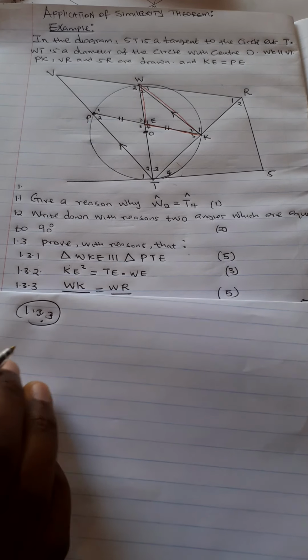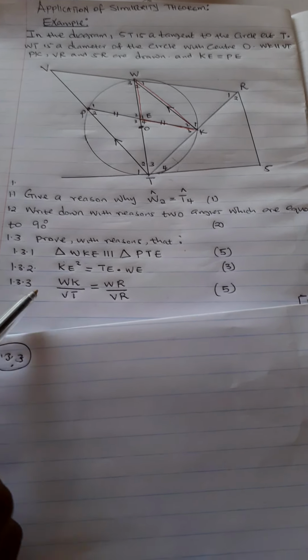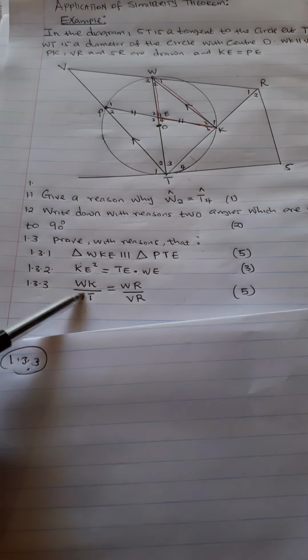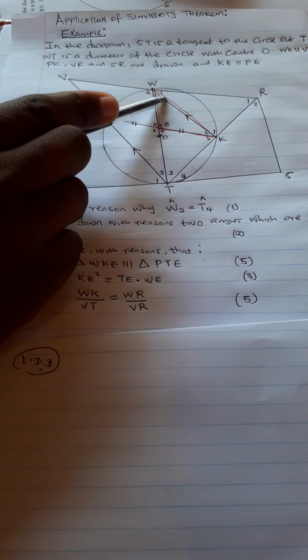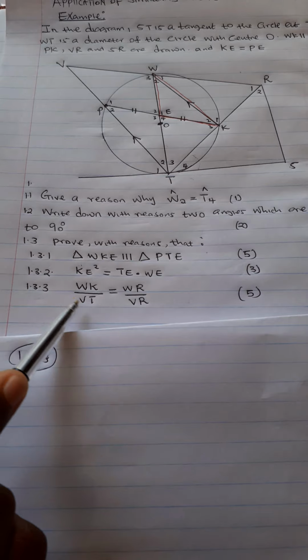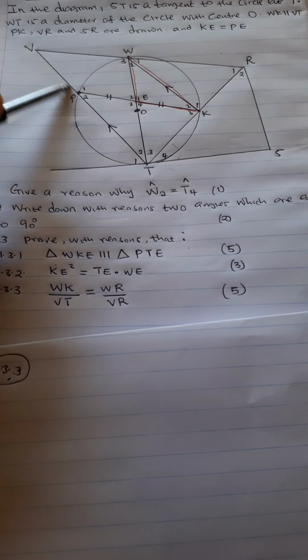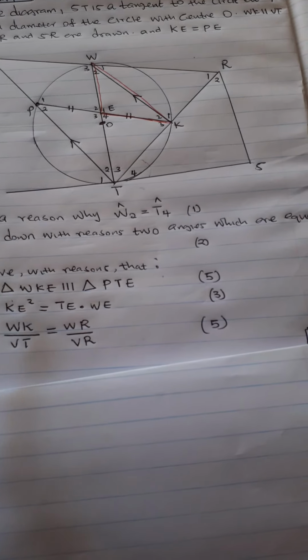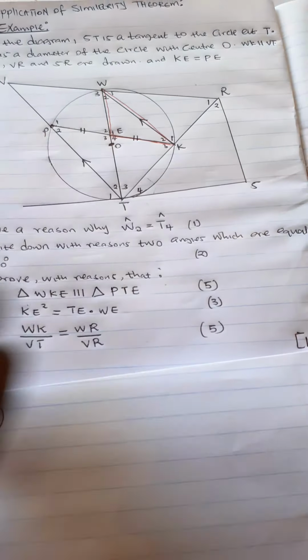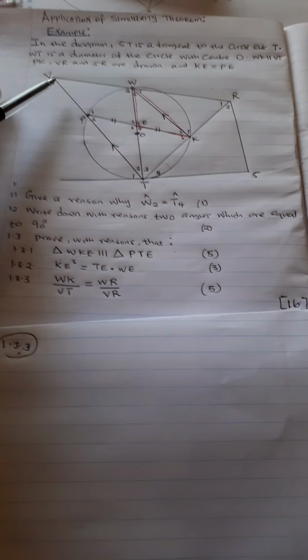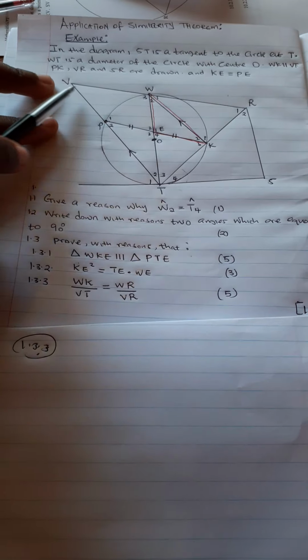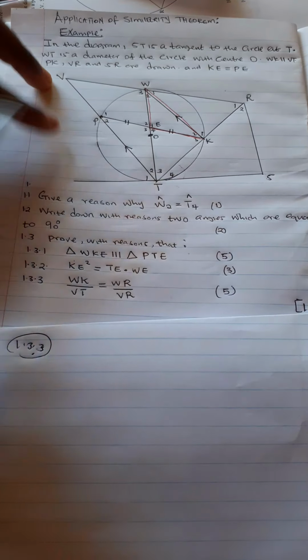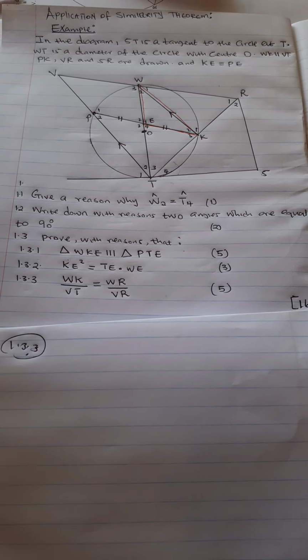1.3.3. What do we do? Let's check it on the diagram. We have side KE, and we have VT. We have double R, you can see this is double R up there. And then VR. These show you that there are two triangles that we're going to look for.